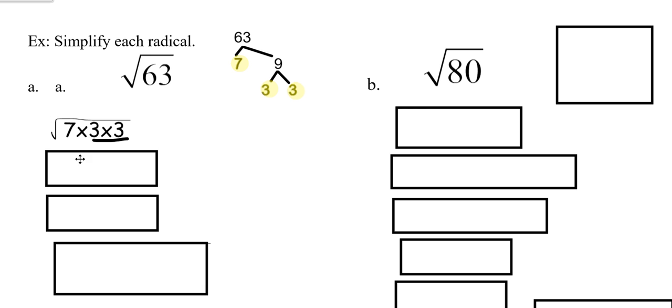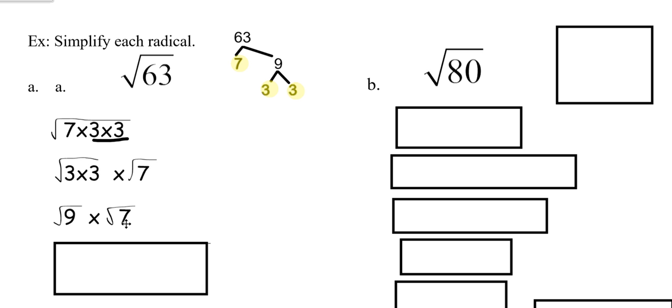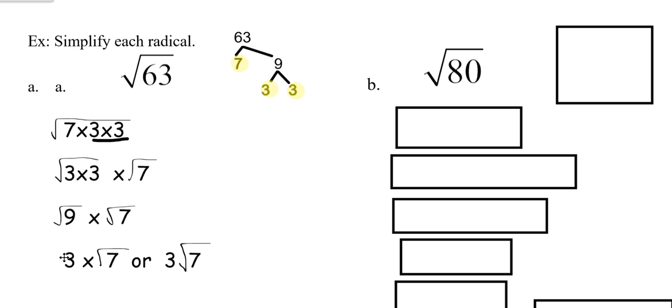It doesn't have a partner, and that's okay. So now I have the square root of 3 times 3 times the square root of 7. I kept my group of 3's together because that becomes a perfect square, the same number times itself. So that gives me the square root of 9 times the square root of 7, which gives me 3 times the square root of 7, or 3 root 7.